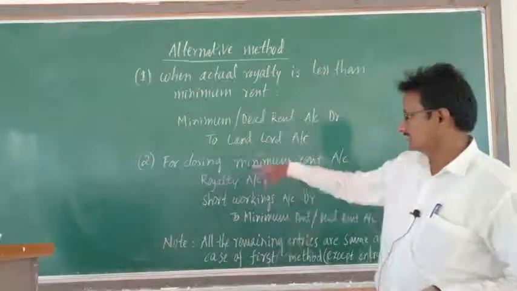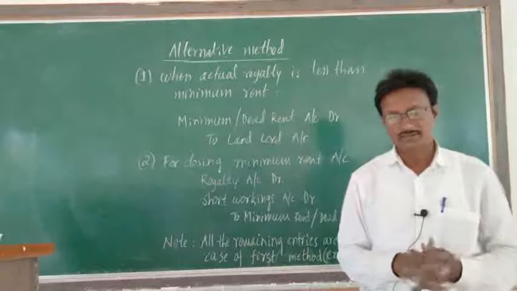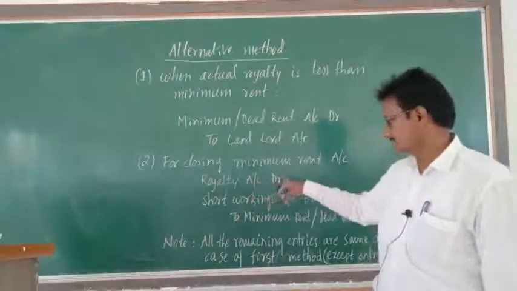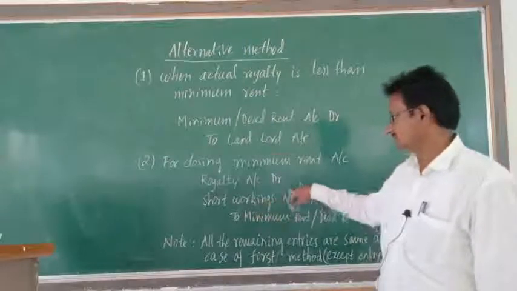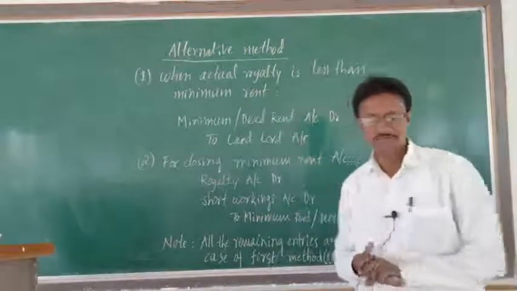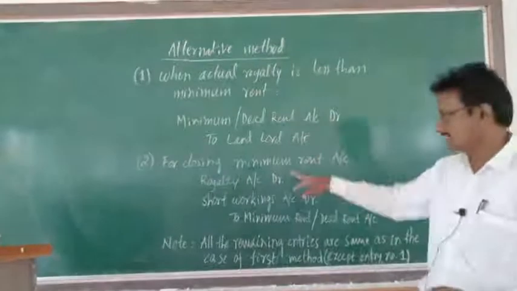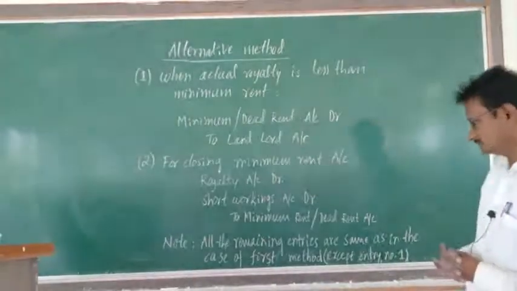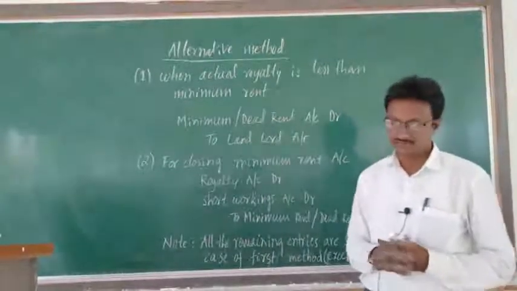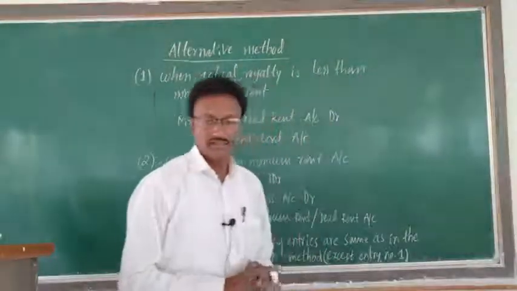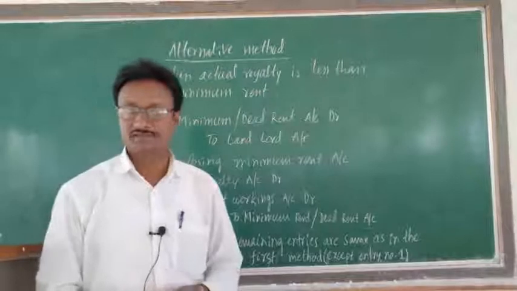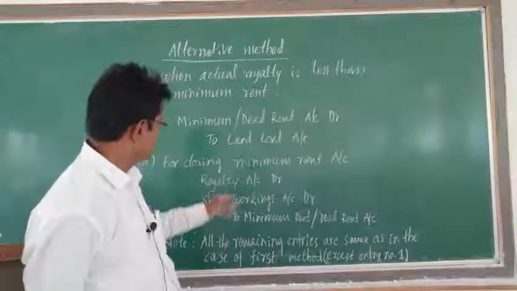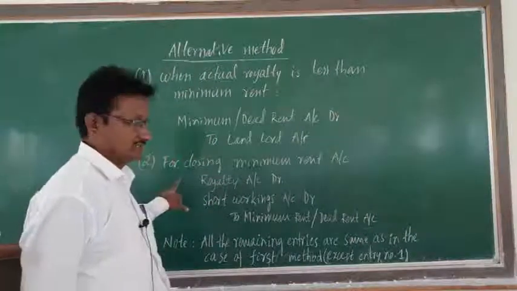And the remaining entry is royalty account debit, short workings account debit to landlord account. So instead of passing two entries, one entry may be passed, and all the remaining entries are the same. So when the alternative method or second method is followed, we have to pass two entries.